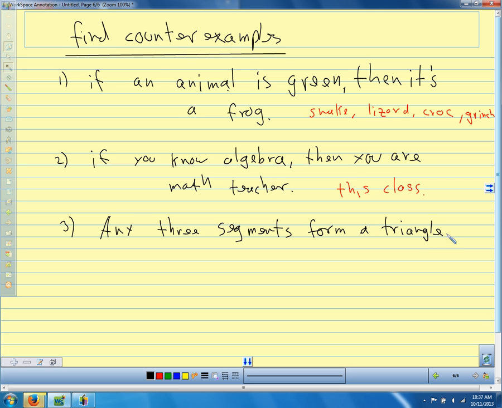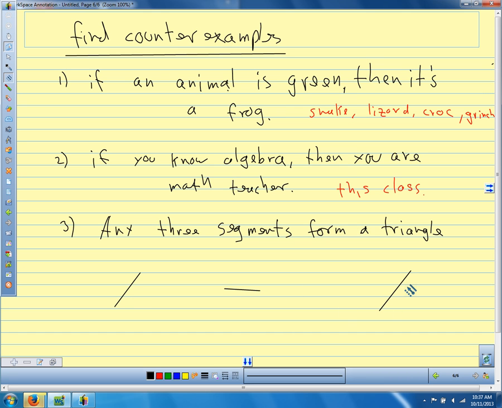Any three segments form a triangle. So what would be a counterexample to this conjecture? Snakes and frogs was easier? So Lydia says random segments. So how about these three segments?